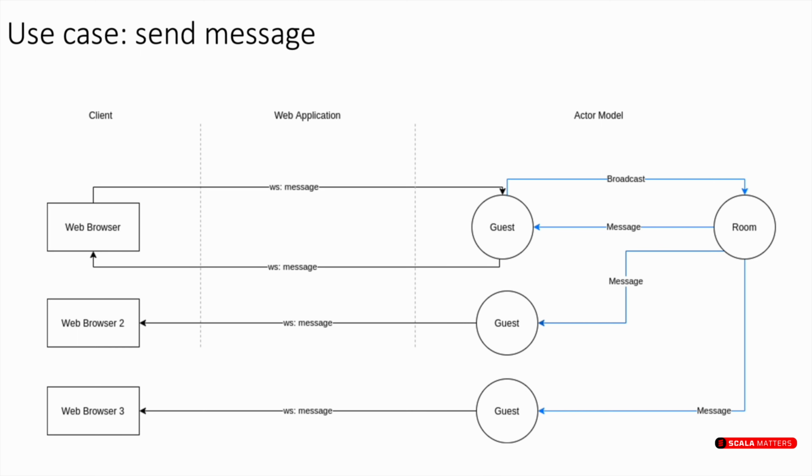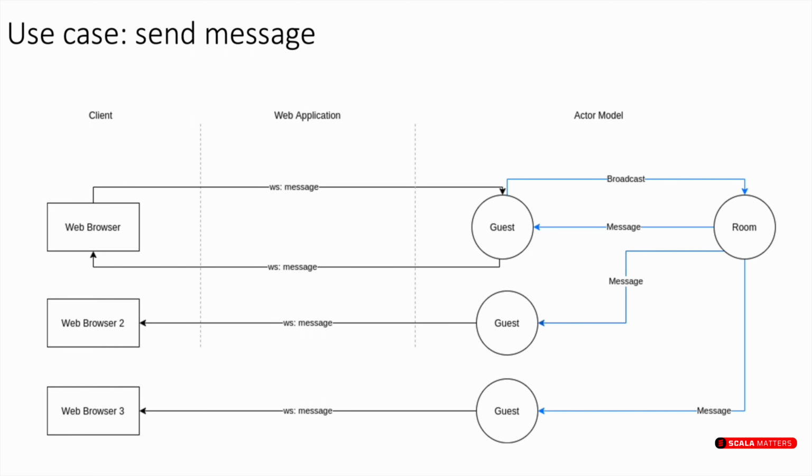This message is obtained by the guest actor, and with this message, the guest actor sends a broadcast message to the room actor, and this room actor has a list of guests, so basically it sends the same message to every guest in its state.